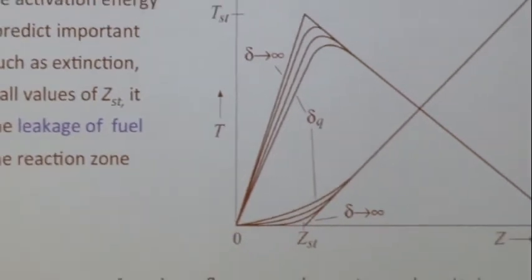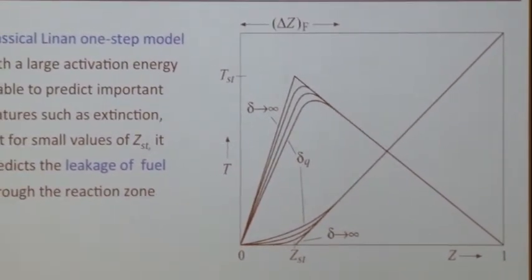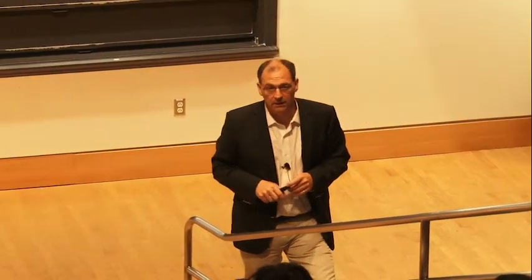Okay, so just like for the premixed flames, where you can do an analysis using thermal flame theory with a one-step global reaction, you can also do the same thing for the diffusion flame. There is a classical analysis by Professor Liñán. He did this in the 70s.